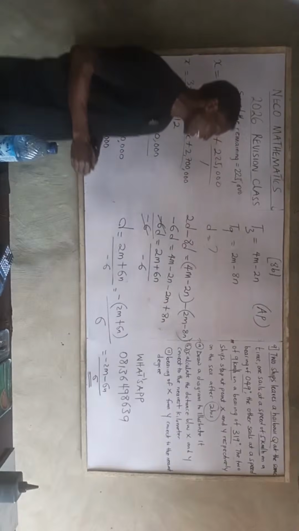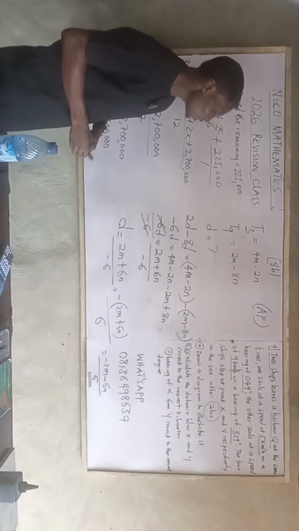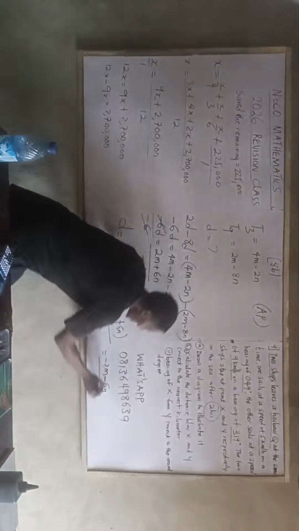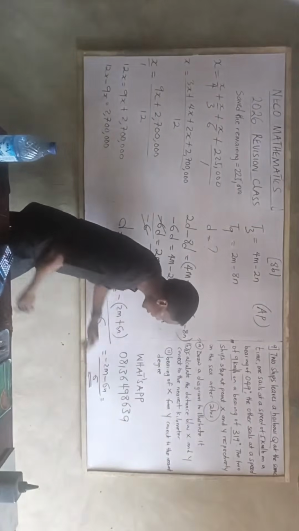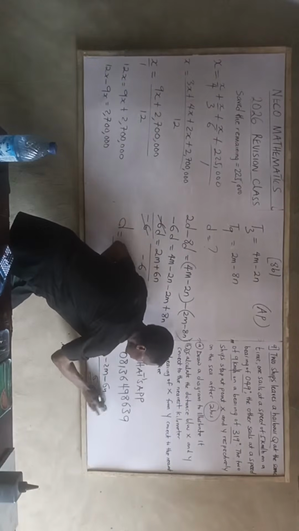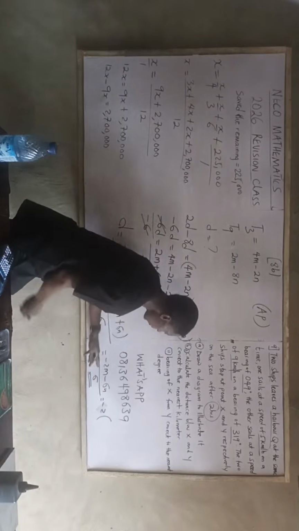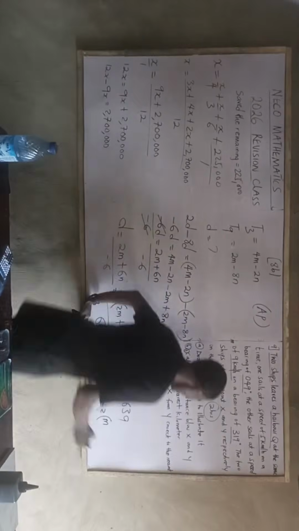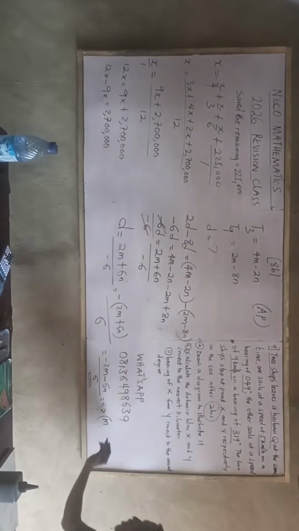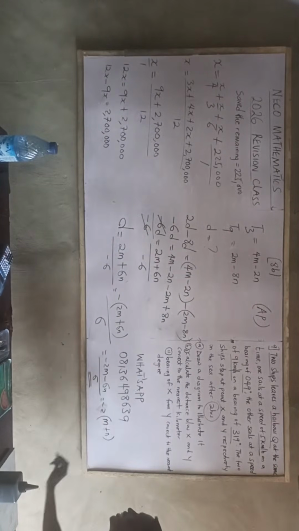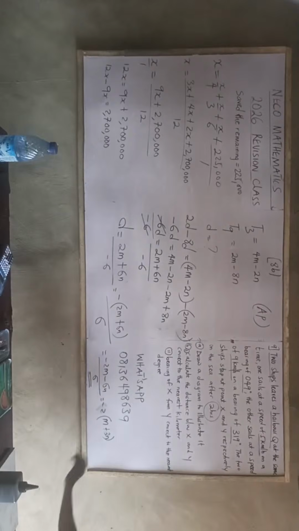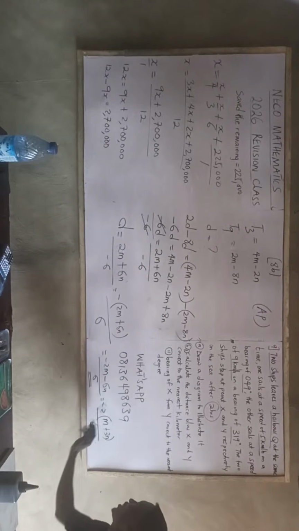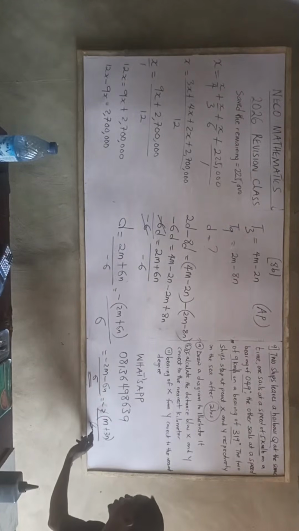So I've been able to find this. Some may even do something like this. I can simplify further. Since I have 2 common here, I can say minus 2 open bracket m plus 3n, all over 6, such that the 2 here cancels out the 6 to become 3.